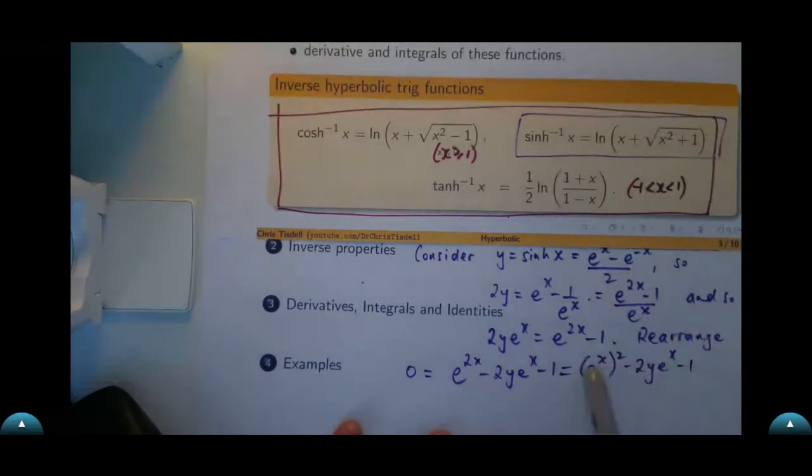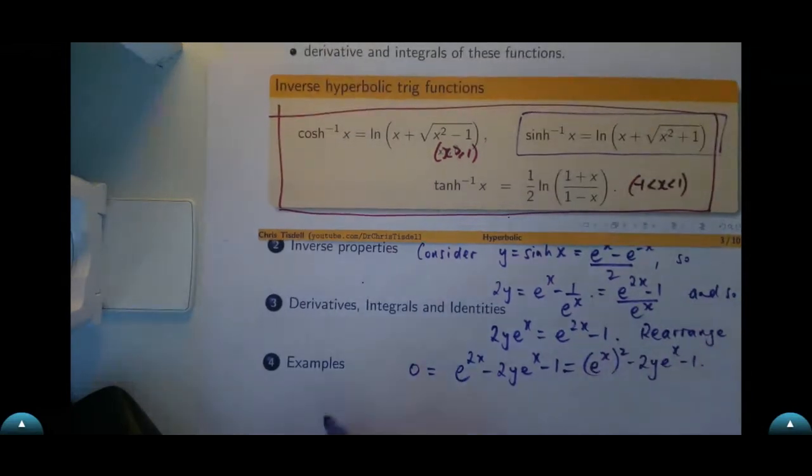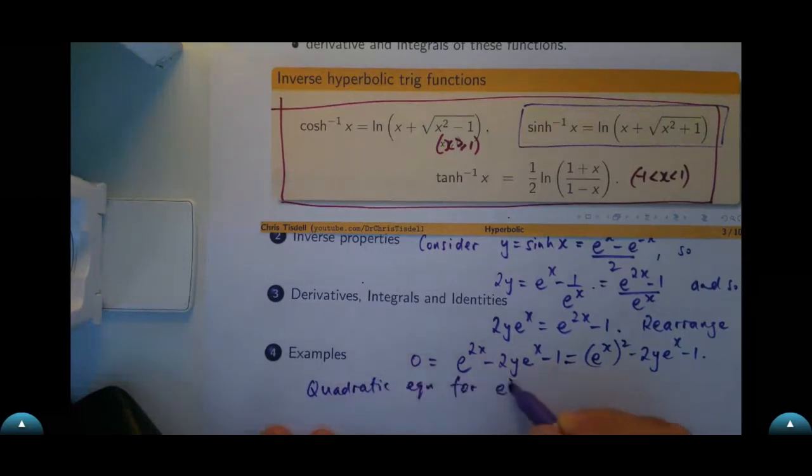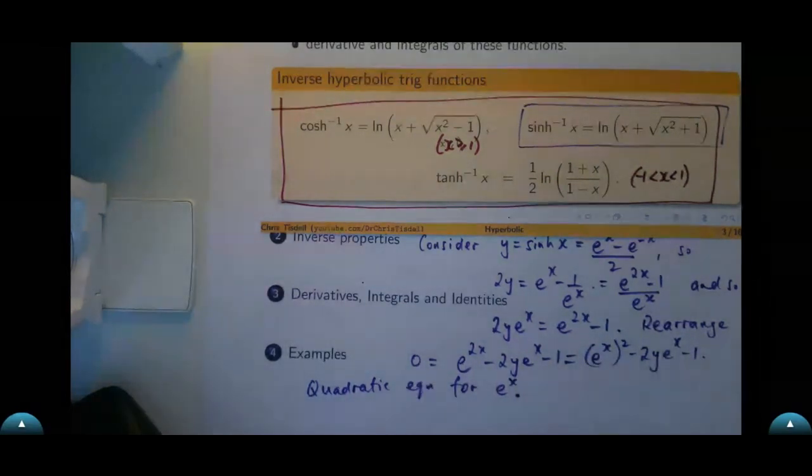So it's a quadratic equation for e to the x that we can solve.